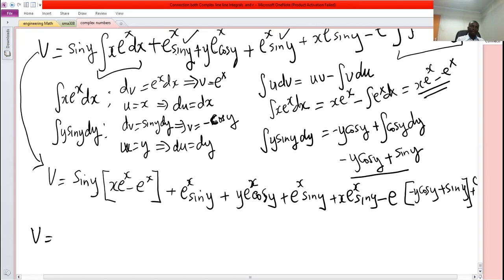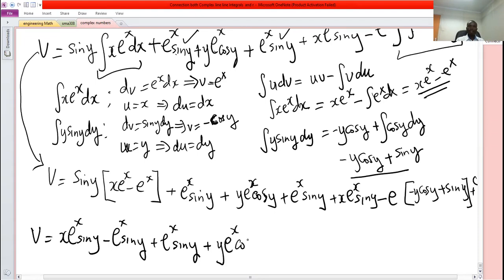So v will be x e raised power x sine y minus e raised power x sine y plus e raised power x sine y plus y e raised power x cos y plus e raised power x sine y plus x e raised power x sine y, minus minus is plus. Remember this x here.